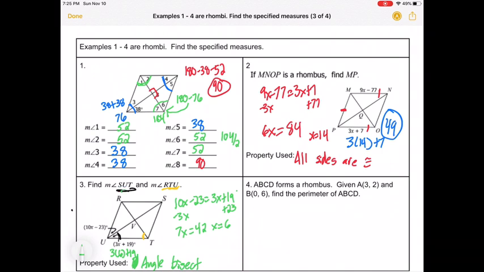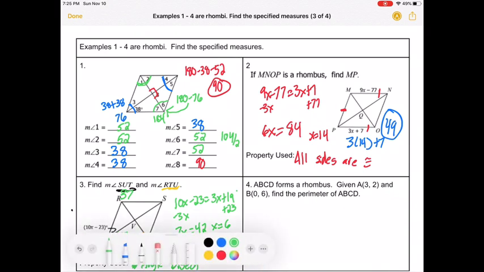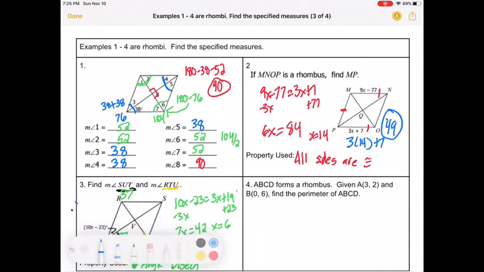So SUT is 37. So this is 37. Now we need to find RTU, but to do that we have to know this angle, and like we did on number 1, this angle is 90. So we would do 180 minus 37 minus 90 to find that.